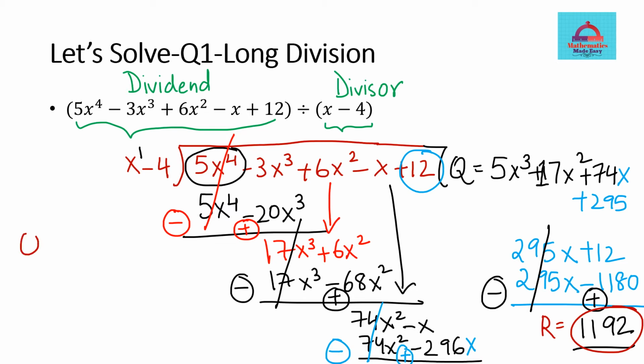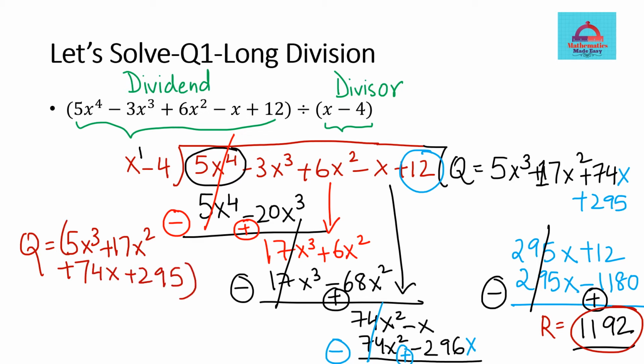So finally your quotient came out to be, let's write the final thing, 5x cubed plus 17x squared plus 74x plus 295. This came as the quotient, and the remainder is non-zero, 1192. So that was the complete division.